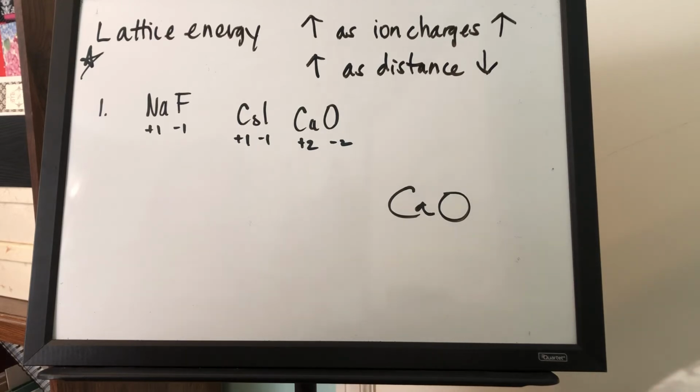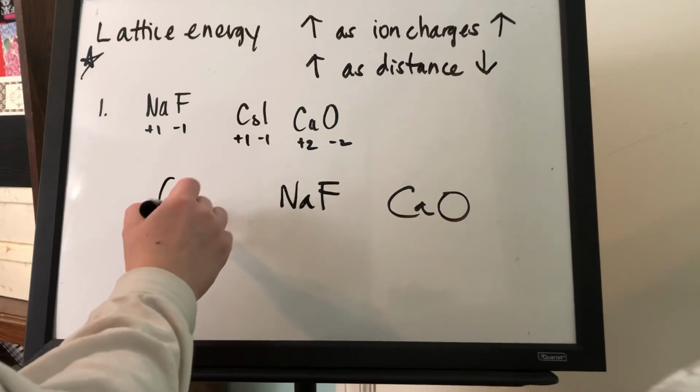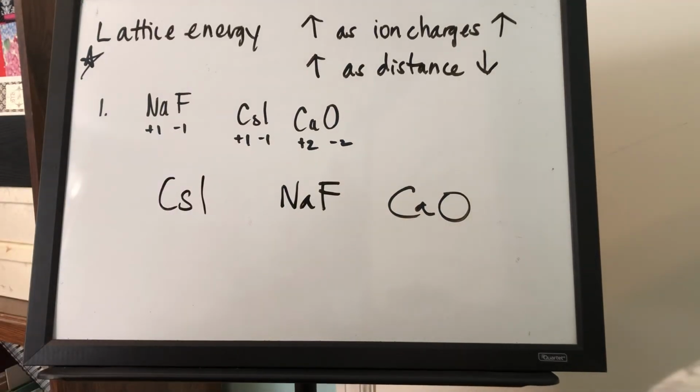Na is much smaller than Cs, and F is much smaller than I for the same reason. Because Na and F are the smaller ones, the distance between them is smaller, which means it's going to take a little bit more energy to break it. So NaF is your second one, and your lowest lattice energy is going to be CsI, because it has the smallest charges and the biggest distance between the 2. So that's number 1.